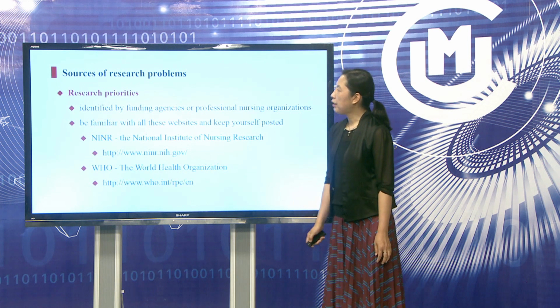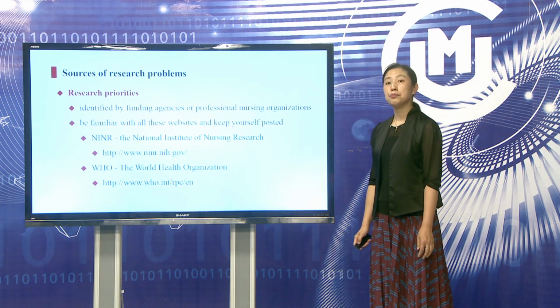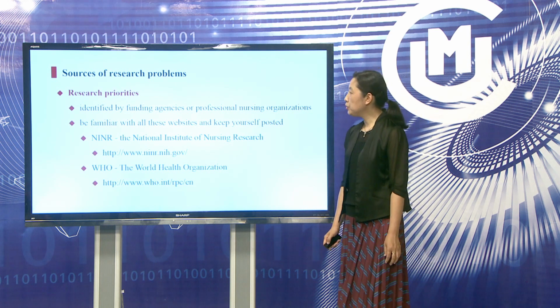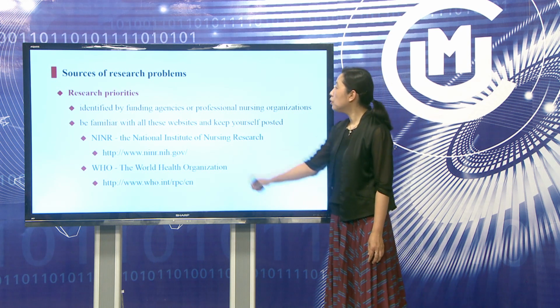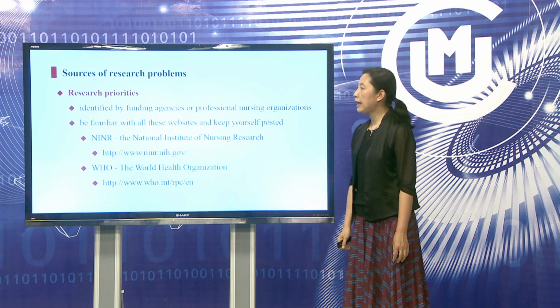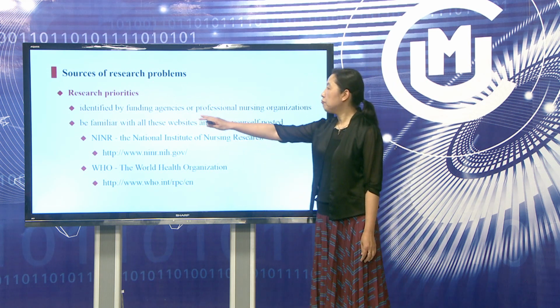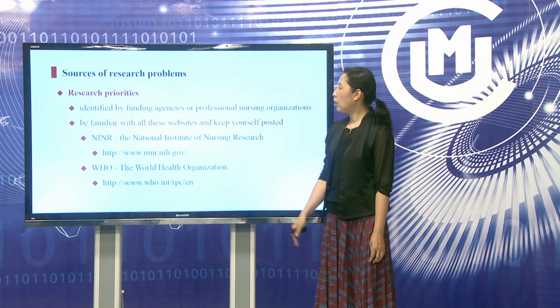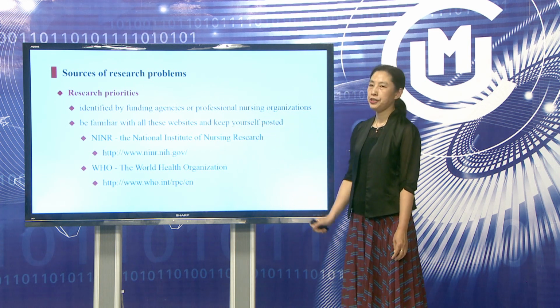Another way to find a research problem is research priorities. You need to pay more attention to all these priorities. Usually they can be found on funding agency websites or professional nursing organizations.